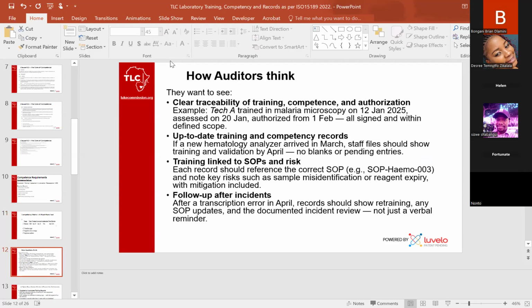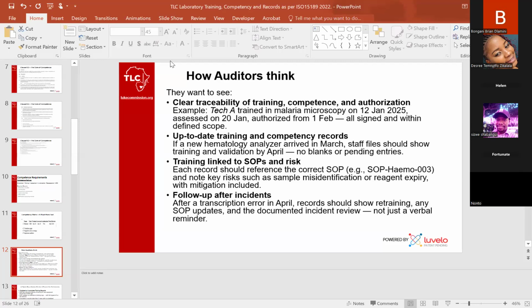Now we're going to get on to what the auditors want. How are the auditors thinking? What do they want to see? They want to see clear traceability of training, competence, and authorization. For example, a tech trained in malaria microscopy on the 12th of January, 2025, is assessed on the 20th, authorized from the 1st of February.